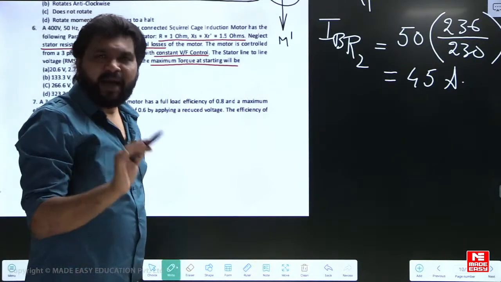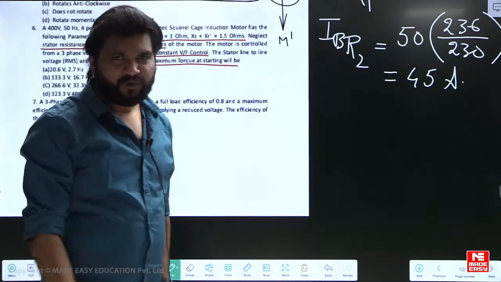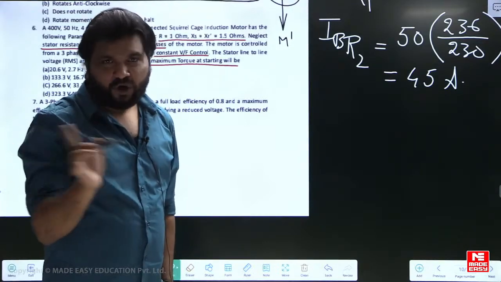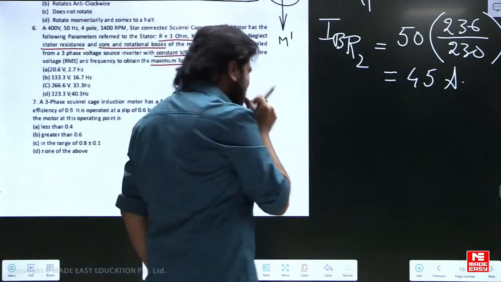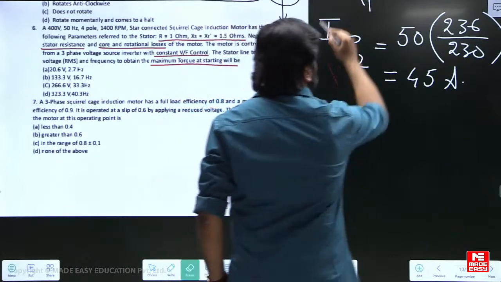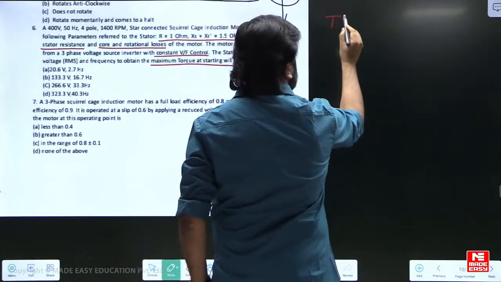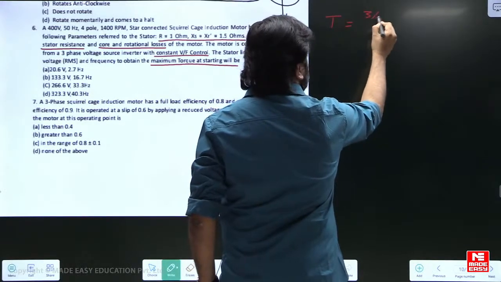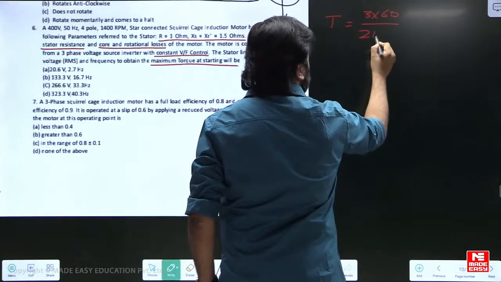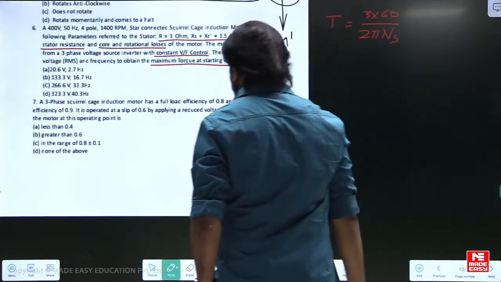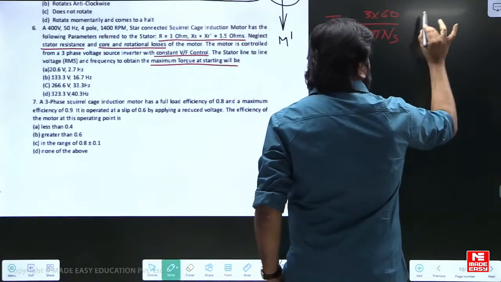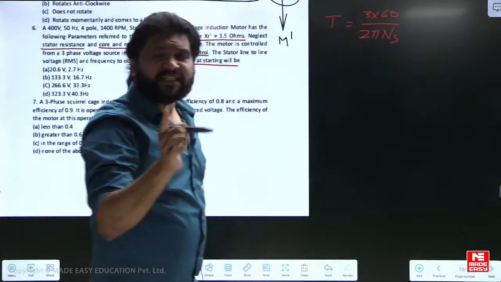We have to apply the maximum power transfer theorem, because for maximum torque, torque is 3 into 60 by 2 pi ns times I square R2 by S. What is I square R2 by S?